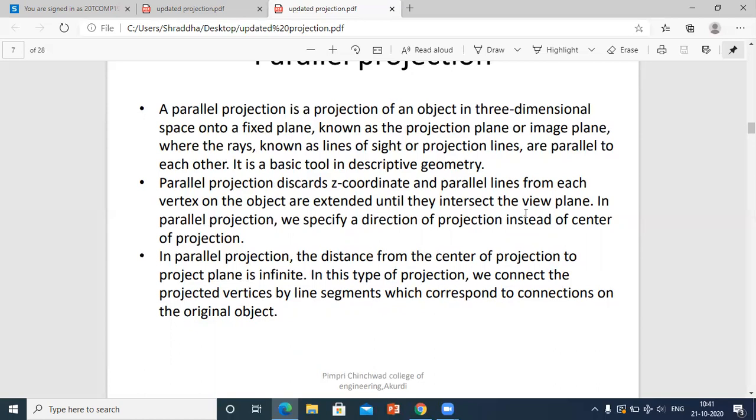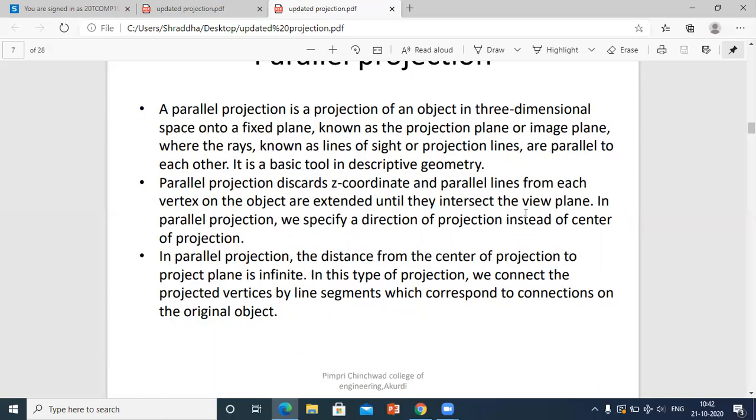In short, parallel projections have parallel lines making an angle. Sometimes the angle will be 90 degrees, sometimes less than 90 degrees. It totally depends on what type of lines it is projecting.